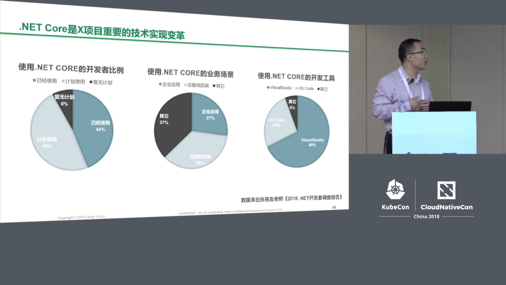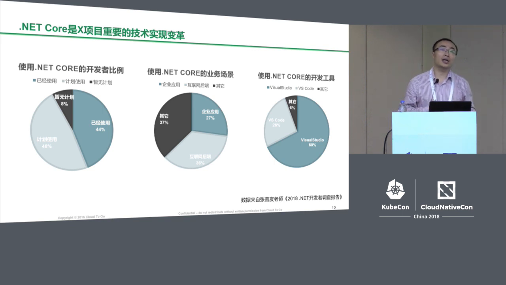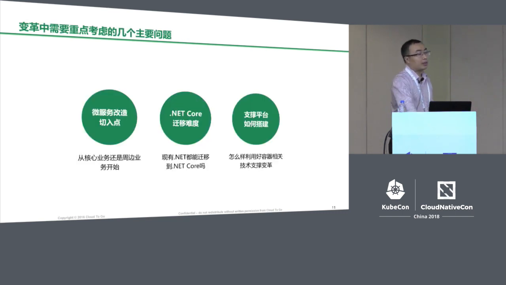Basically, people are using Visual Studio, and the other one is VS Code, which stands at 26%. Some people might think that this is not ready, but as a matter of fact, it is ready. We all know that some of our friends have already used .NET Core in their production environment.